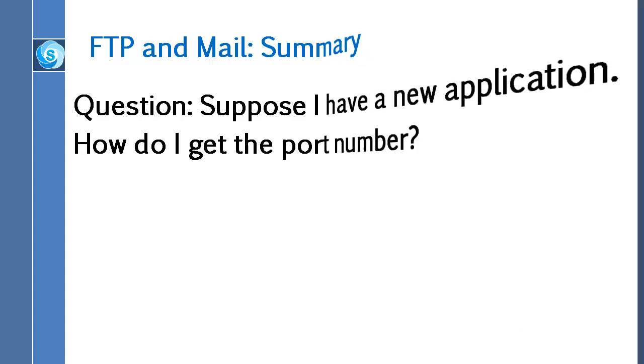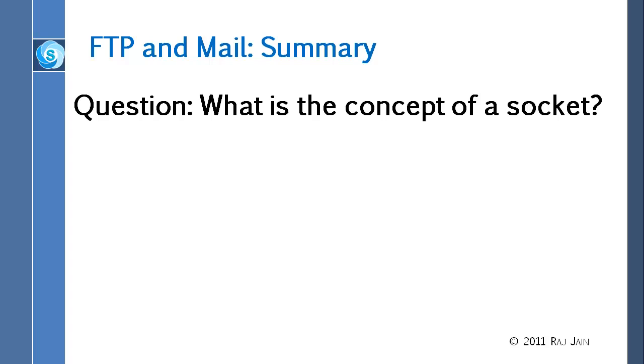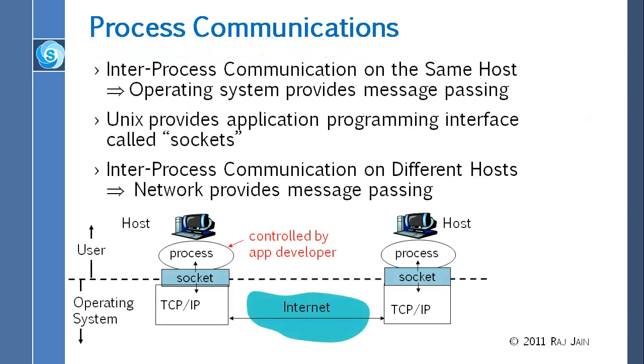Okay, the socket concept is basically an operating system concept, nothing to do with networking. In the original Unix, when process A wants to talk to process B, they open a socket, which now looks similar to a port number. Even if you are not going over the network, suppose you want to talk to another process on the same system, you will open a socket.